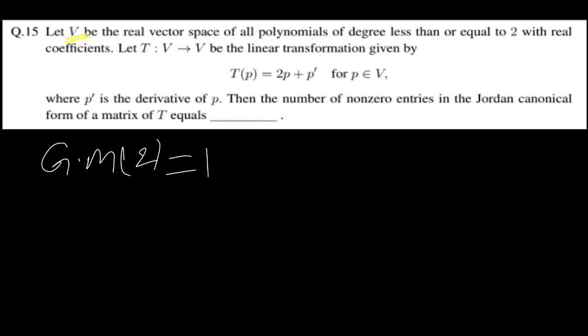Then the Jordan canonical form has only one block, which is of 3 cross 3 order, with eigenvalue 2.